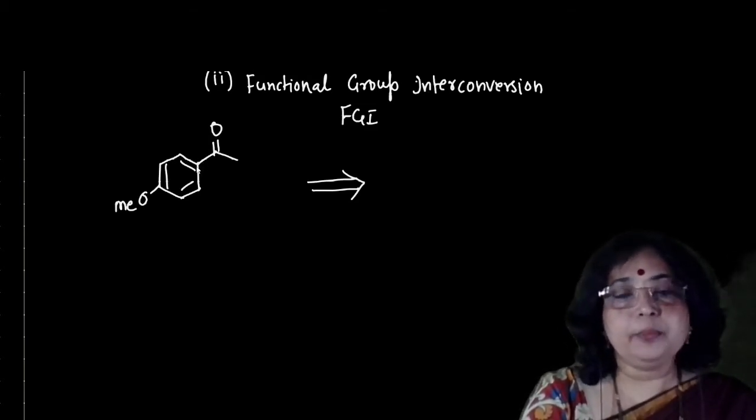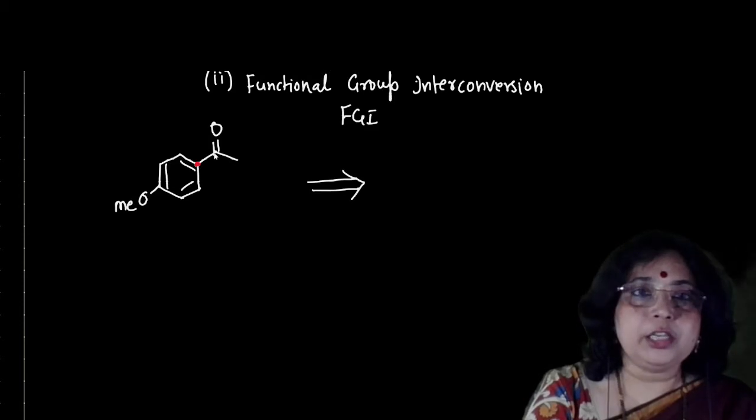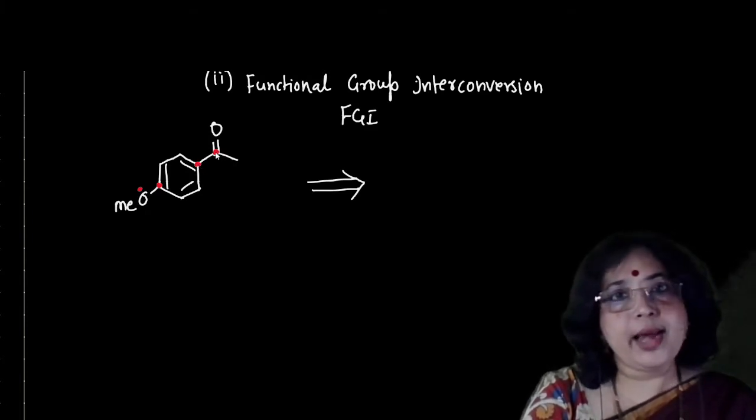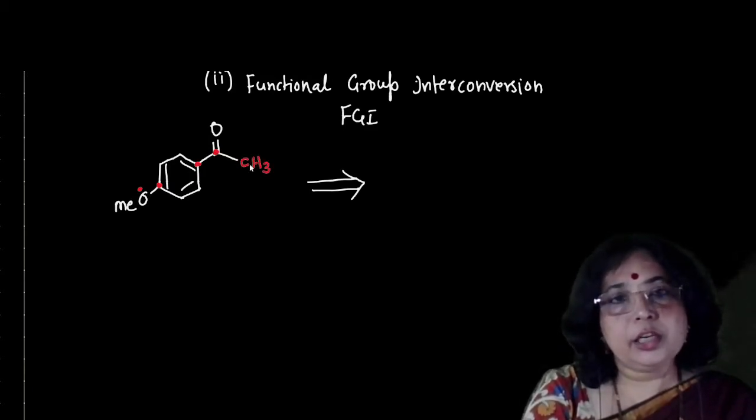So what are the disconnection approaches over here? This is the first disconnection, and the second is the disconnection between carbon and oxygen, between the carbon from the aromatic ring and the oxygen. And the third disconnection is from this carbon to this carbon.